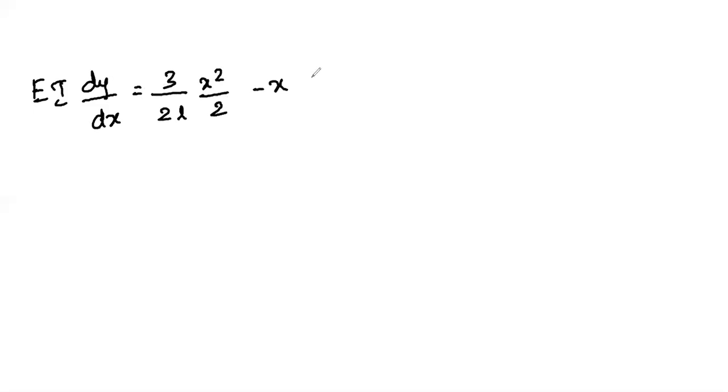So now the equation will be like this. EI into dy by dx equal to 3 by 2L into x square by 2 minus x plus L by 4. So you found this. This is equation number 2.